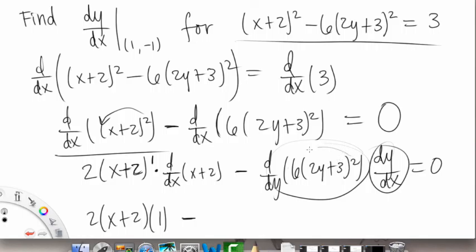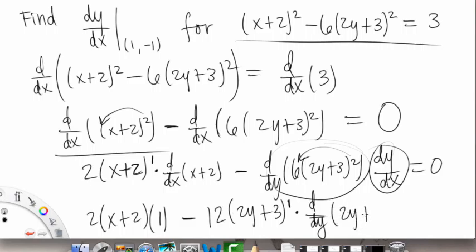If we bring the exponent down in front, we get 6 times 2, so that's a 12, times (2y + 3). The inside function stays the same. Then we subtract 1 from the exponent, and according to the chain rule, we take the derivative with respect to y of the inside, 2y + 3. That equals 0.